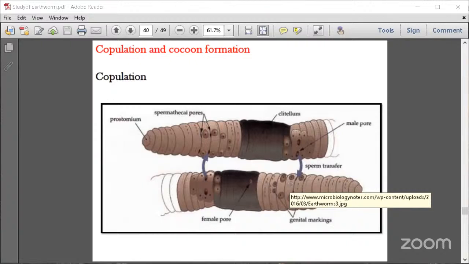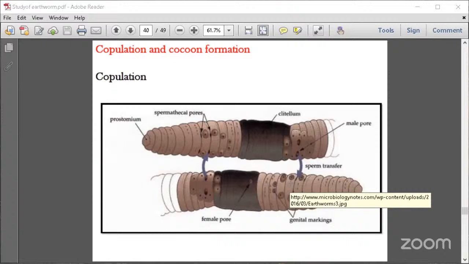The albumin gland cells produce albumin, which serves for the nourishment of the growing embryo and is deposited between the girdle and the body wall. The girdle soon hardens on exposure to air into a tough but elastic tube, called the cocoon or egg capsule. Then the worm starts to wriggle backward so that the girdle slips forward. As the girdle passes over the female genital pore, it receives ova.